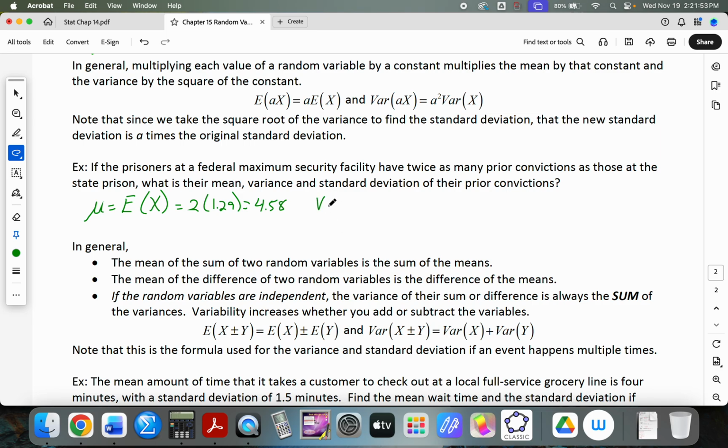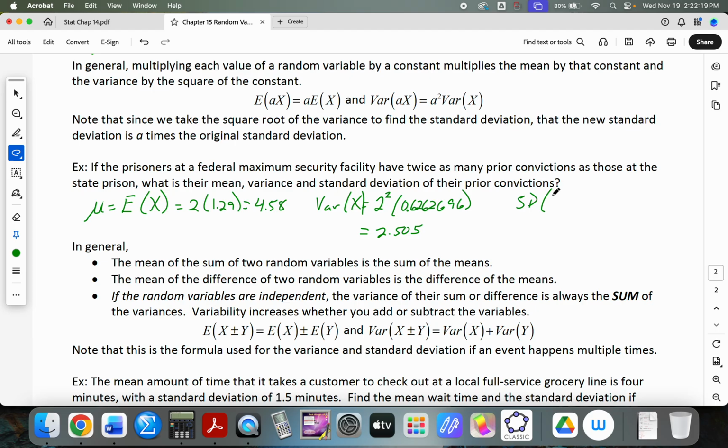The variance of X is going to be 2 squared times the old variance, 0.6262696, which is 2.505.